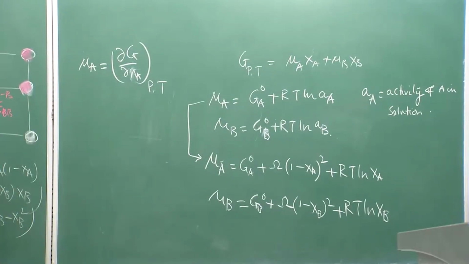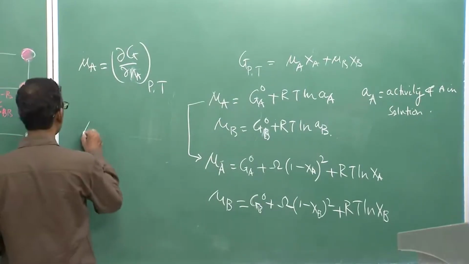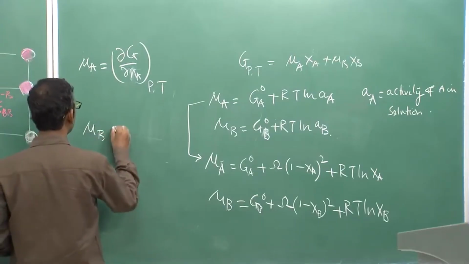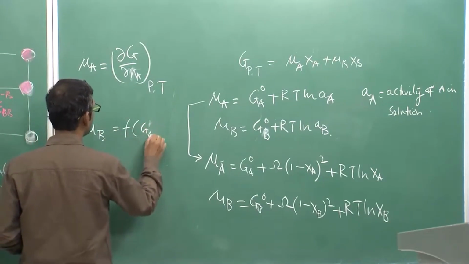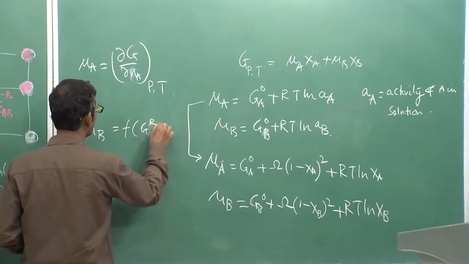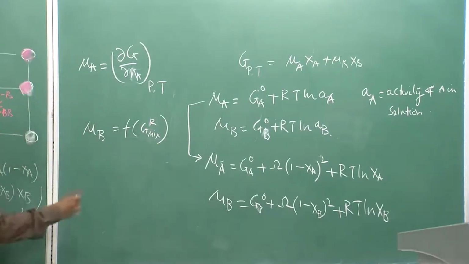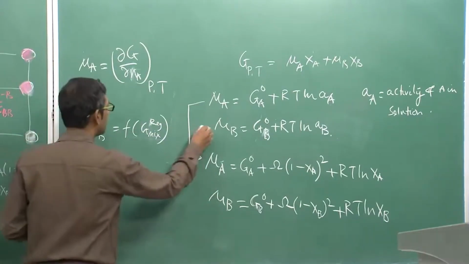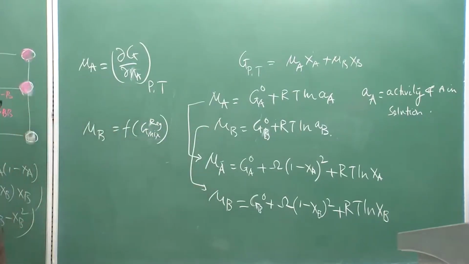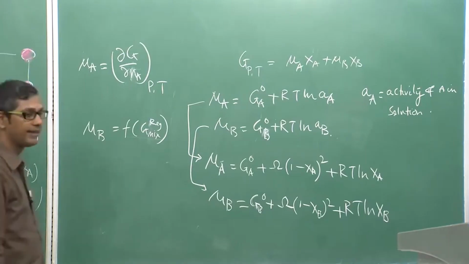But you must know the relationship between this and how it is related to the function of G mix for a regular solution, that you should derive yourself, and then you can get these two equations, both chemical potential of A and chemical potential of B as a function of XA and XB.